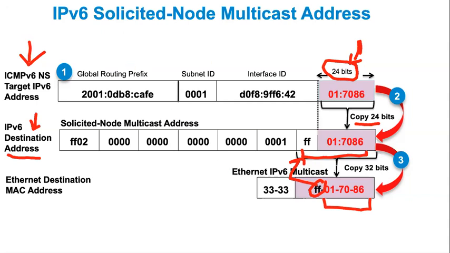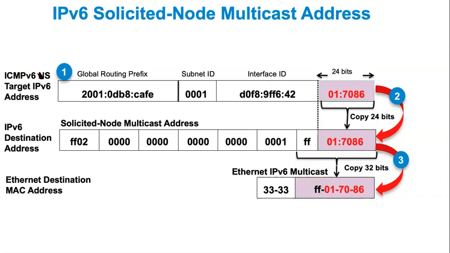Just a reminder, when a device has any IPv6 unicast address, global unicast address, or link local address, that will be mapped to a solicited node multicast address that gets mapped to an Ethernet MAC address, excuse me.